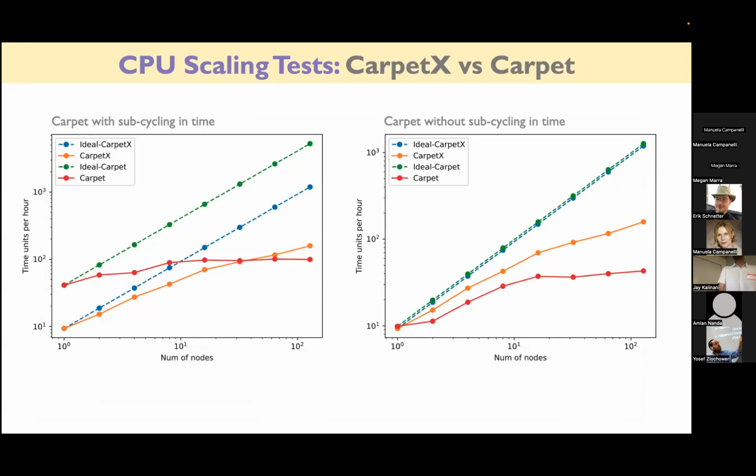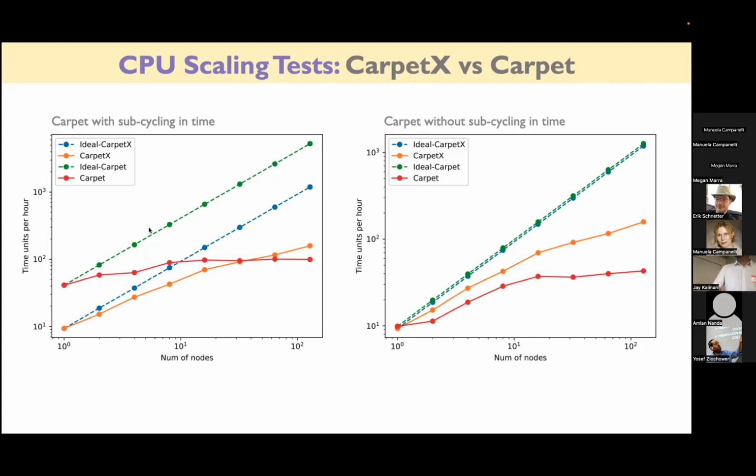We did some scalings as well for Carpet versus CarpetX. This is again not 100% apples to apples because of course the infrastructure is different, but we tried to evolve as similar a system as possible, which is in this case a binary black hole. In CarpetX we don't have subcycling yet.